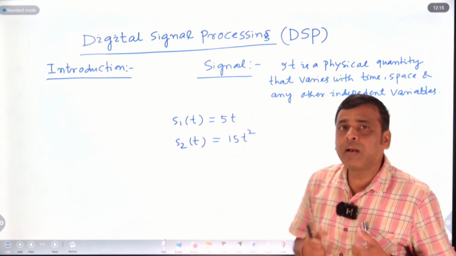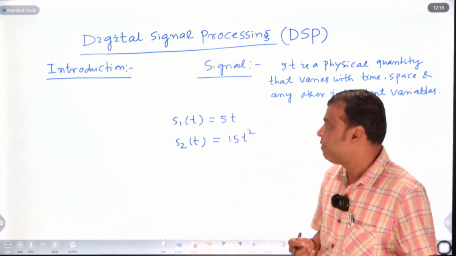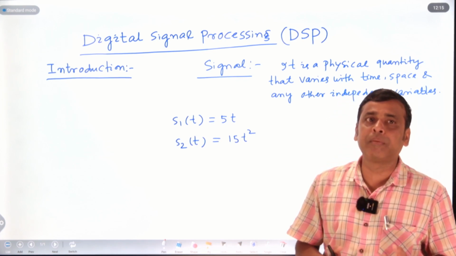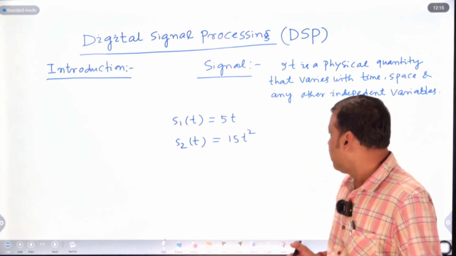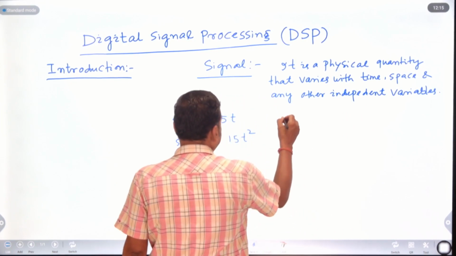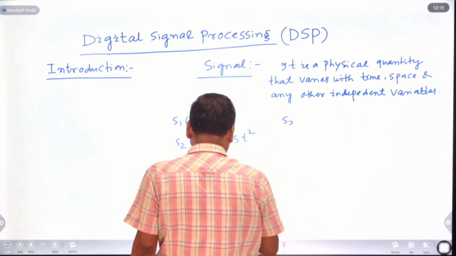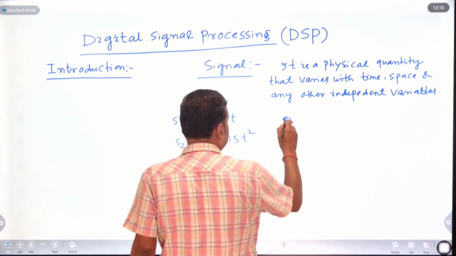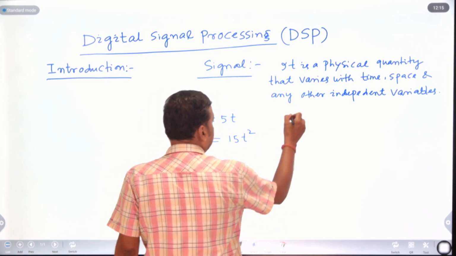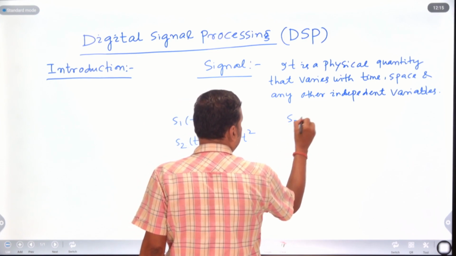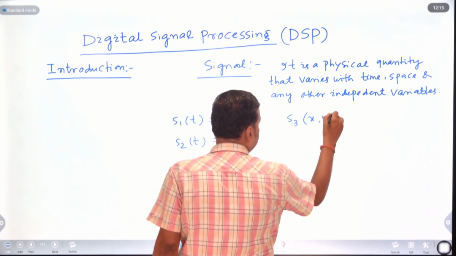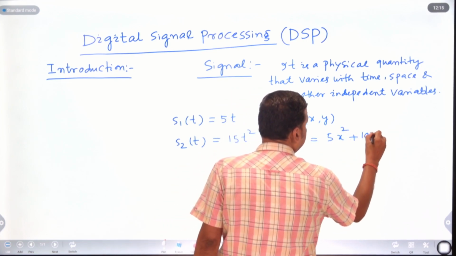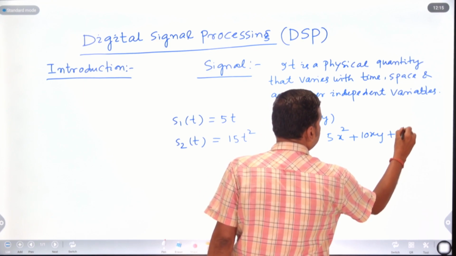So it is a physical quantity that varies with time, space, and any other independent variable or variables. The signal itself carries information for observation. Another example: suppose S3 of xy equals 5x square plus 10xy plus y square.